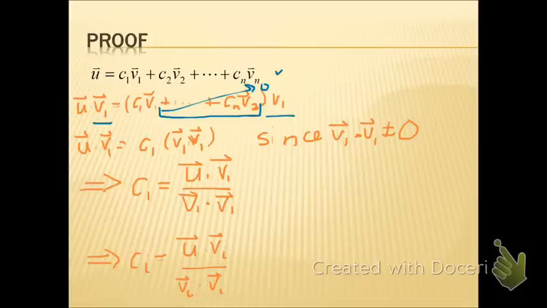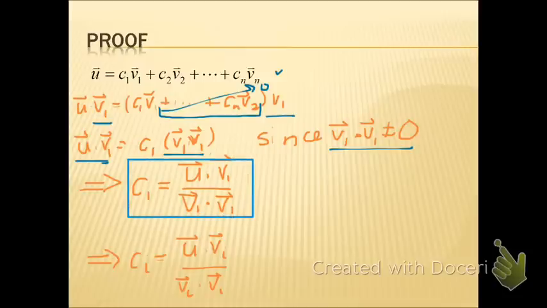So we're just left with U dot V1 is equal to C1 times the dot product of V1 with V1. Since we know this cannot be equal to 0, we can easily solve for C1, and we get U inner product with V1 over the inner product of V1 with V1.